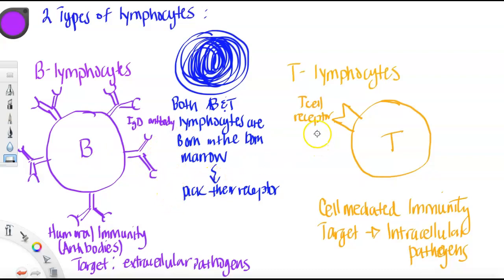T cells don't stay in the bone marrow. They leave and go to the thymus where they mature. So B cells mature in the bone marrow where they're born.